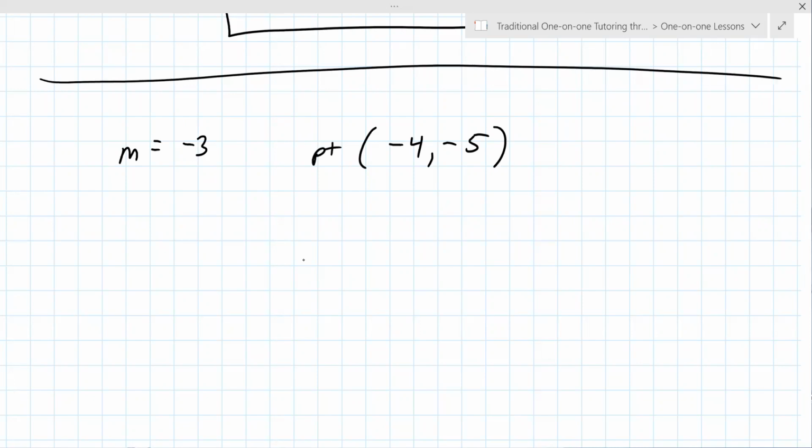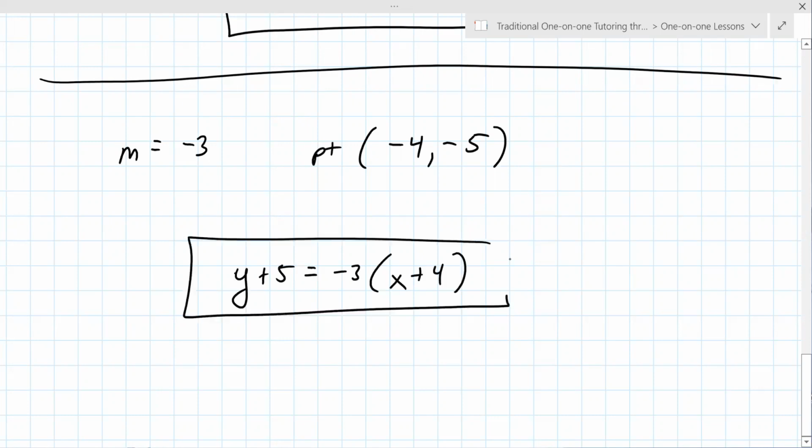Okay, I put down y plus 5 equals -3 parenthesis x plus 4 in parenthesis. You got it. All right, there you go.